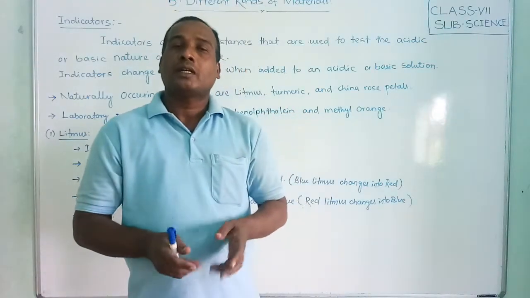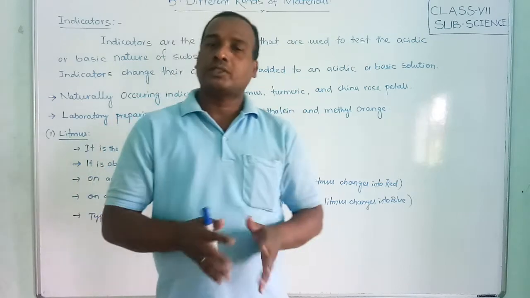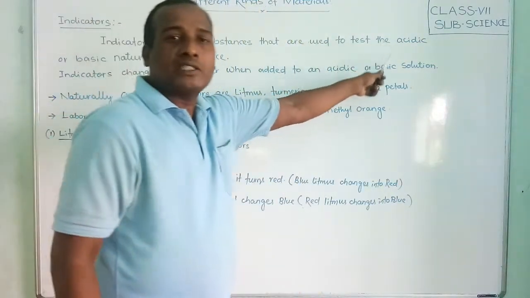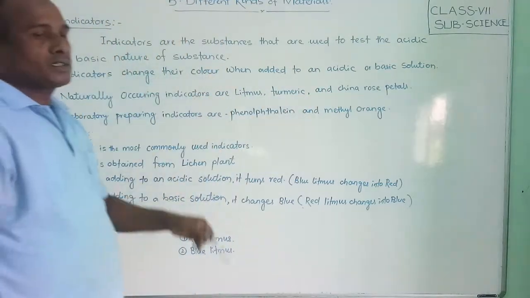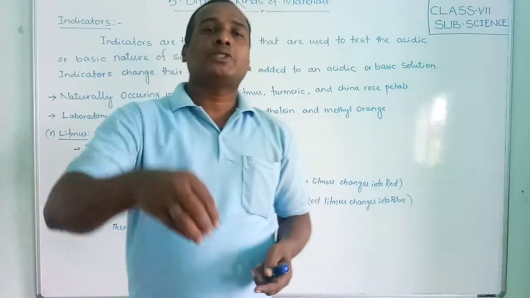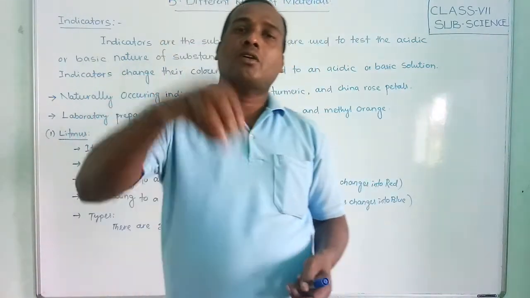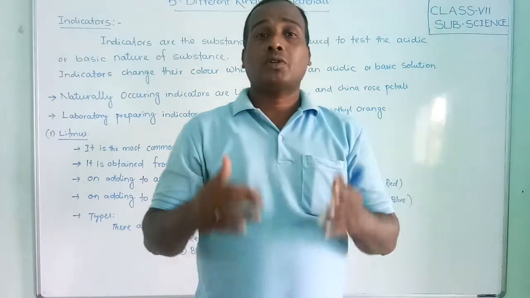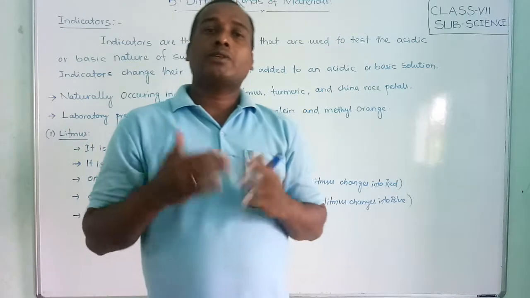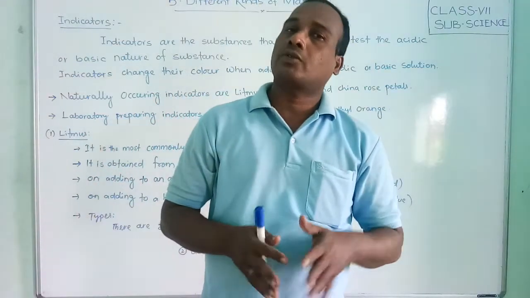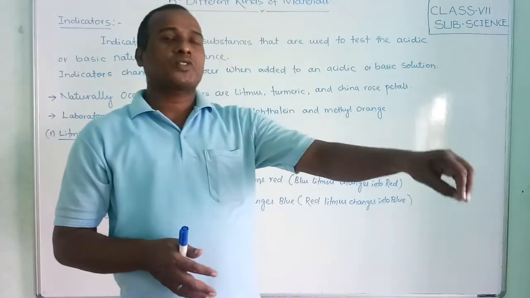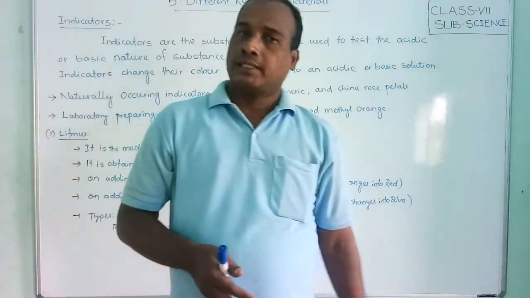Are you clear, students? Indicators are those substances used to test acidic or basic substances. We add the indicator to the acidic or basic substance, and if it changes its color, then we can find out whether the substance is an acidic or basic solution.